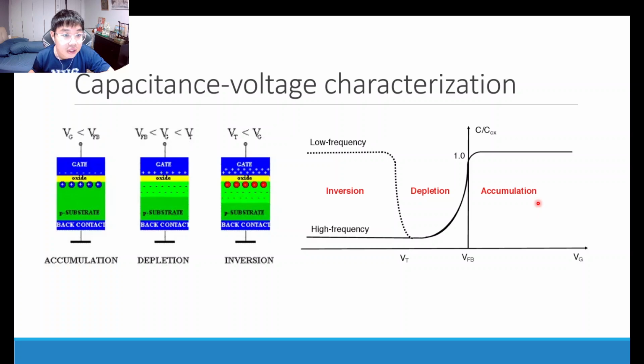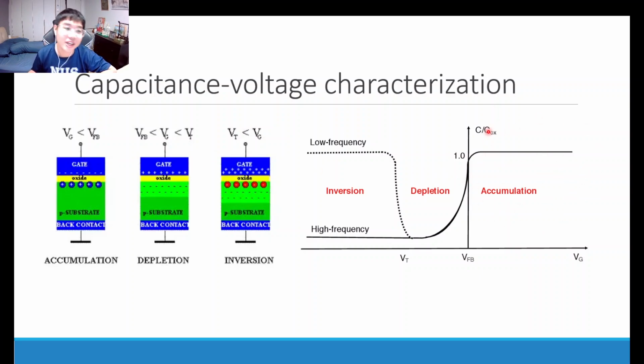Okay. Yeah, in this case, this diagram is actually a bit different. It should be opposite of this. So this is the case for a P substrate, but I think this is the graph for the case of an N substrate. But never mind, just bear with me. I'll just do a quick explanation with the diagrams that we have here.